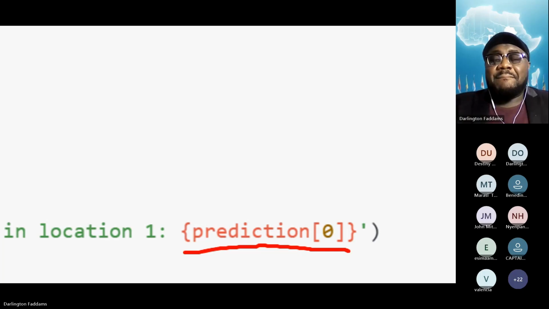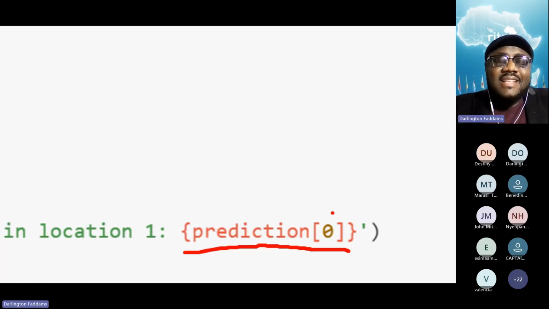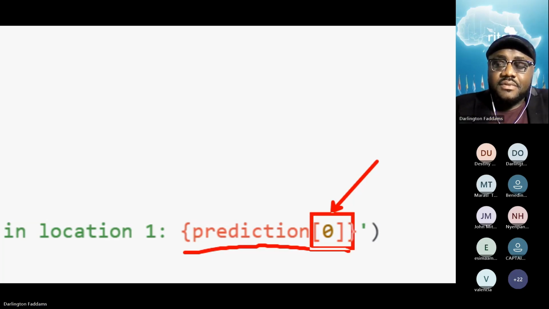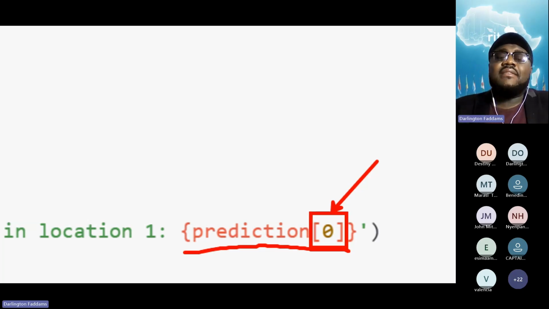And what I like is that it predicts as an array or as a list, and so it always has these square brackets here. Let me explain it. Anytime you run the prediction, you will see it as an array.